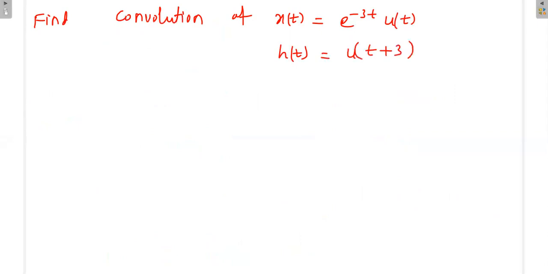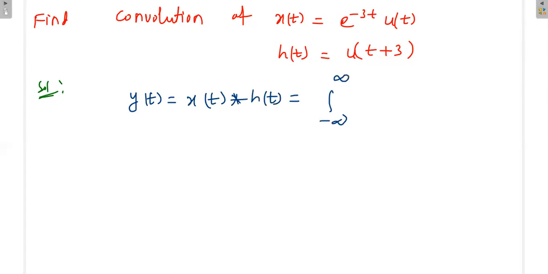Solution. Again, y of t is equal to x of t convolution with h of t, integral minus infinity to plus infinite x of tau h of t minus tau d tau.